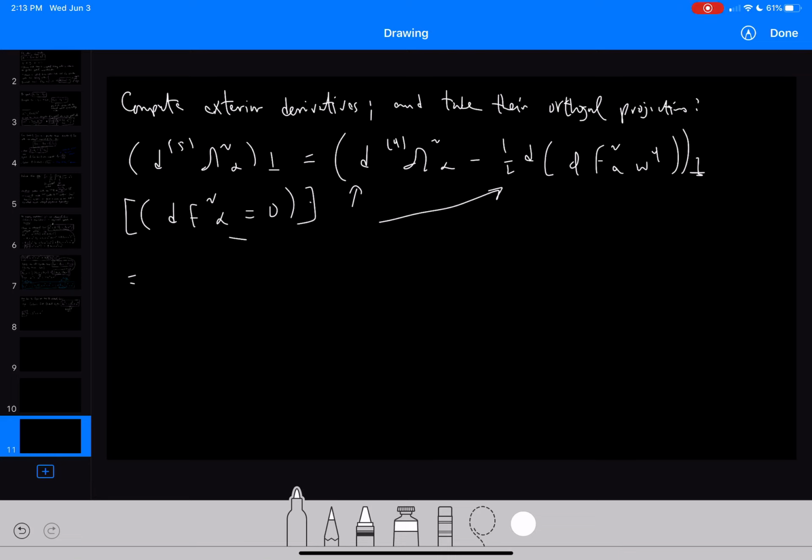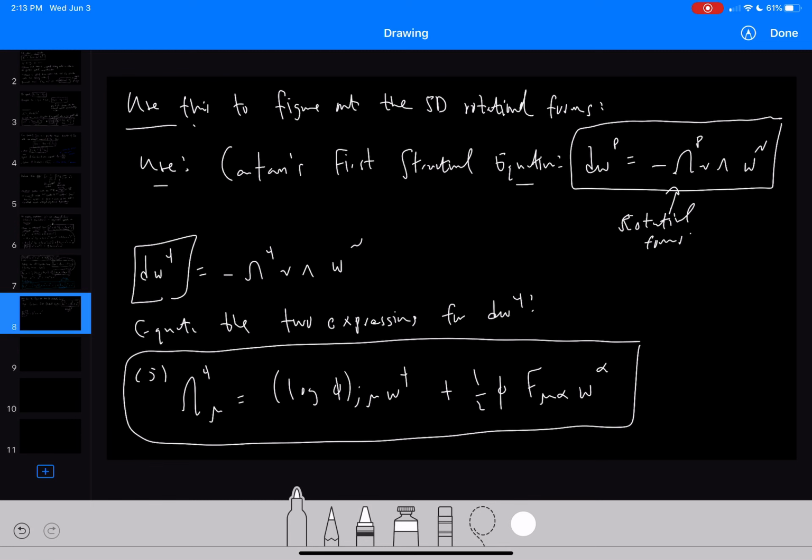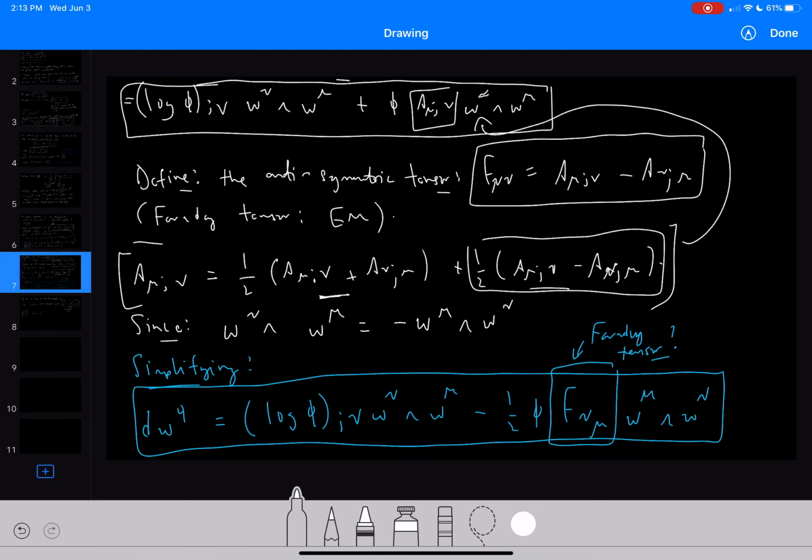What we'll do when we do this calculation is make use of the previous expressions we derived for omega 4 and d omega 4. If you recall, we had d omega 4 as that.